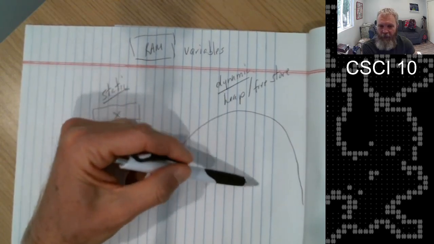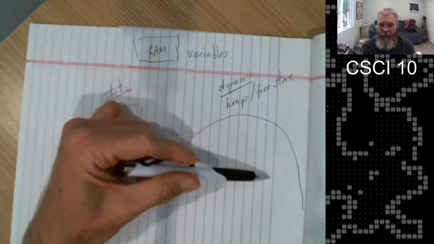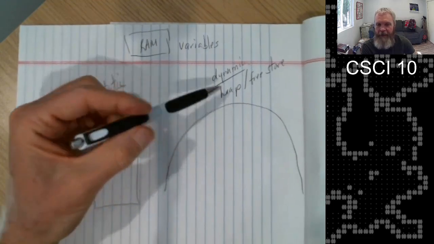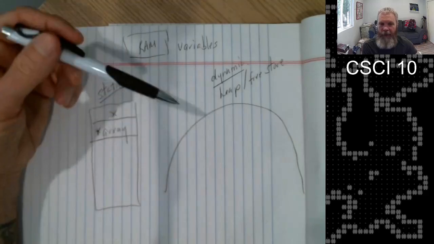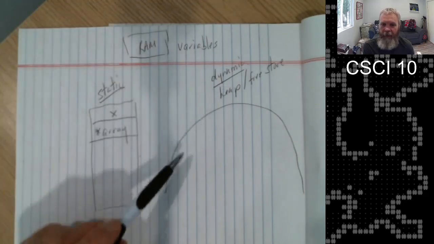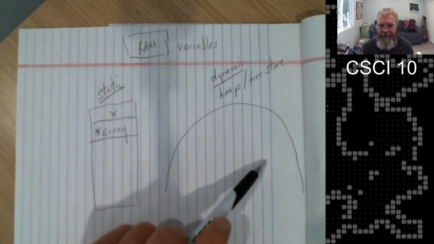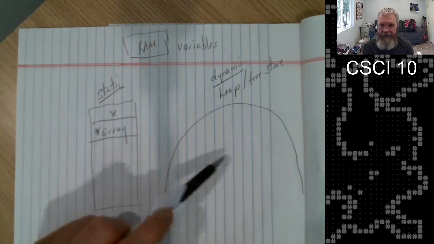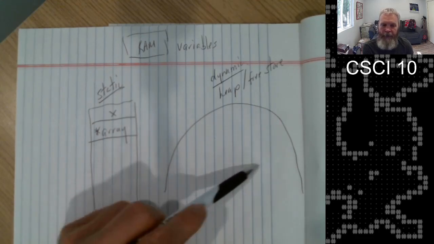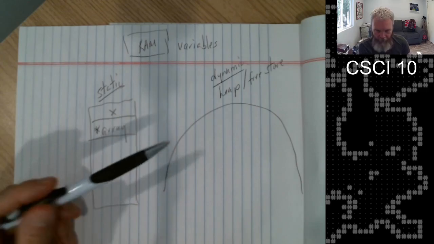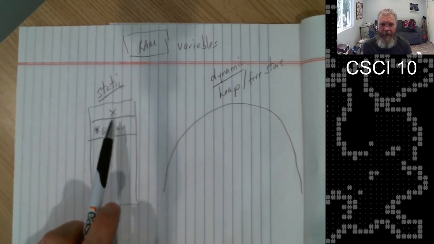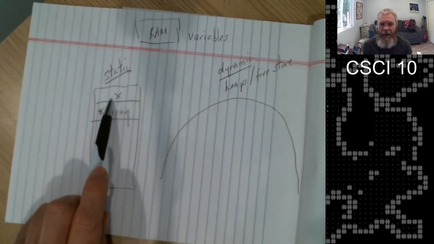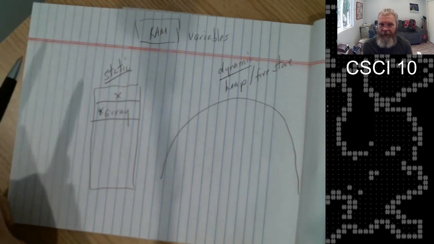So this is sort of your growth space for adding memory as you discover you need it when a program is running. If you've taken programming algorithms 2, when you make a linked list, the linked list is all created dynamically in the heap. But here in HLA is all we really need to worry about. So static memory, automatically created, automatically destroyed.